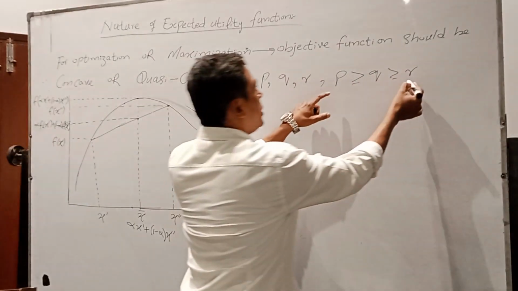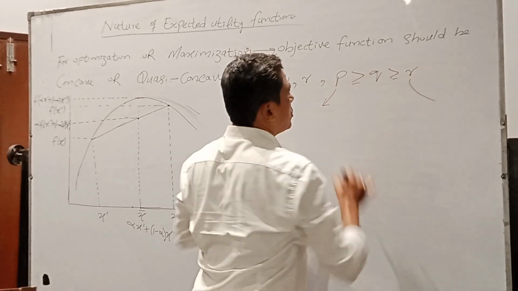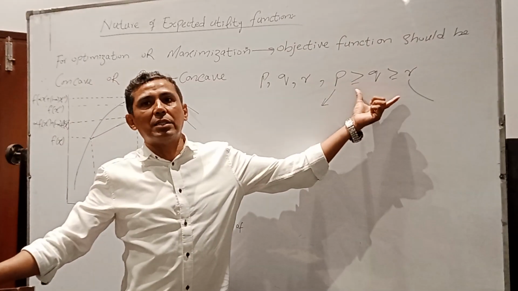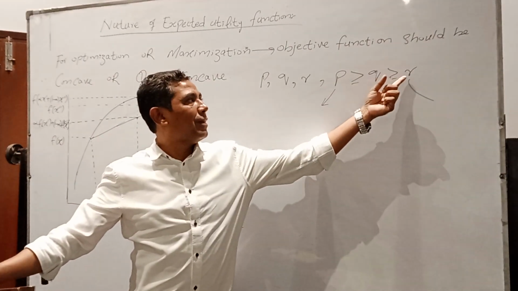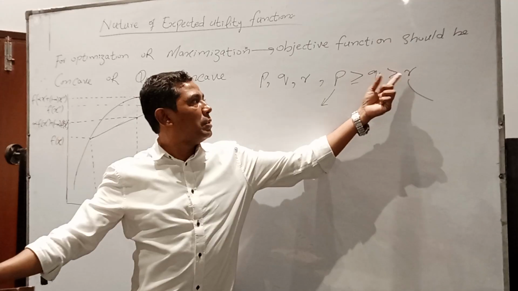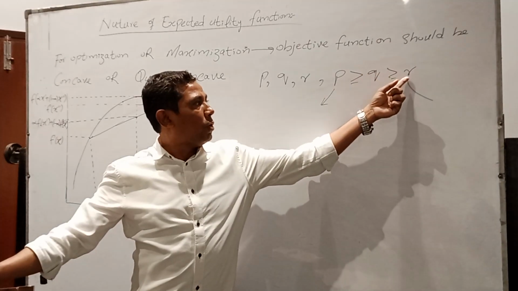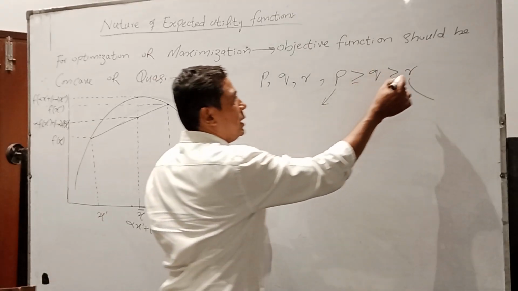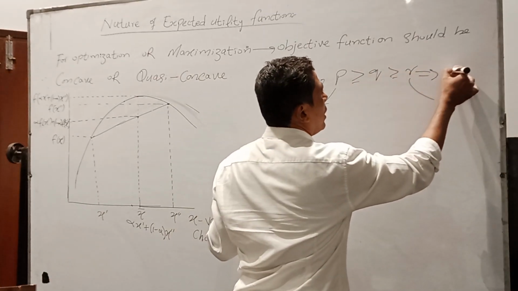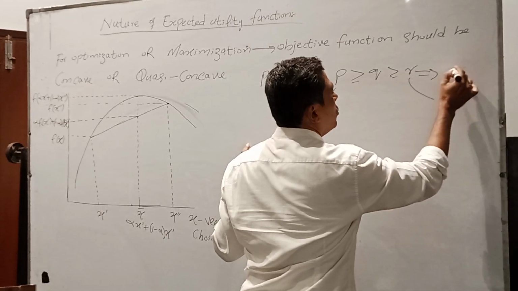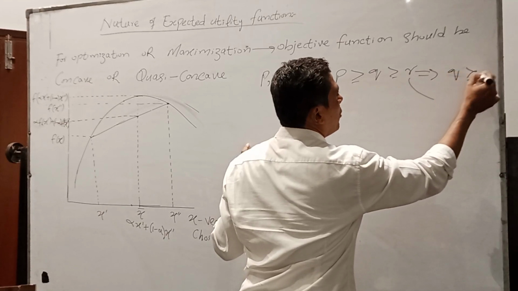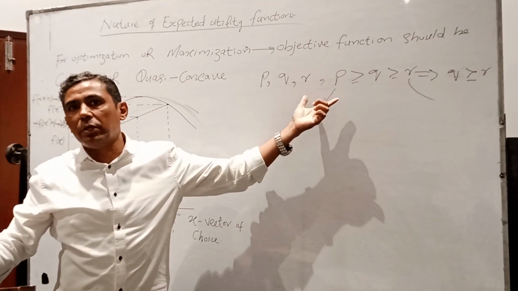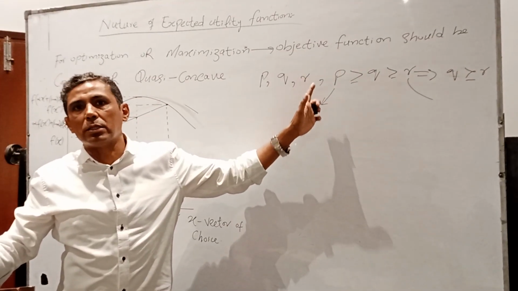So these are two extreme values. Clear? As per the transitivity, this condition implies that Q is also preferred to R. That is the transitivity here. Clear? According to the transitivity.